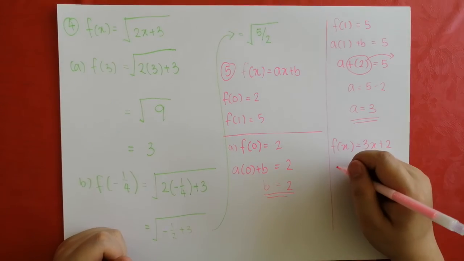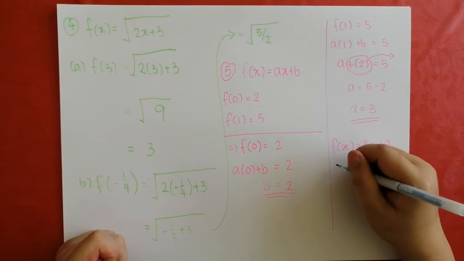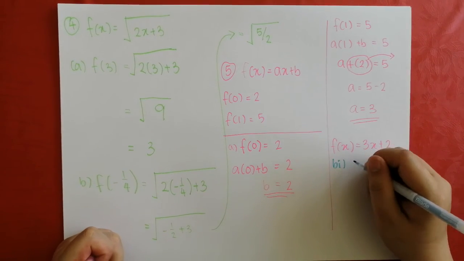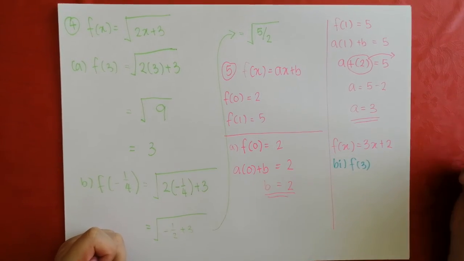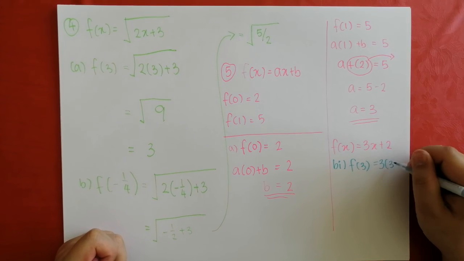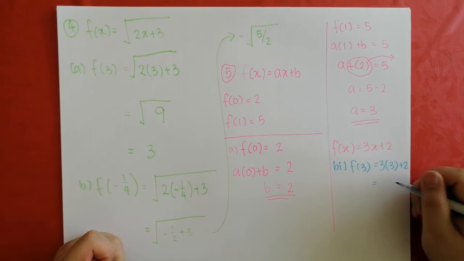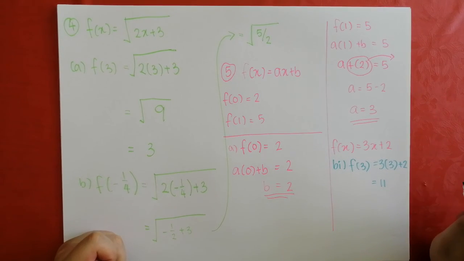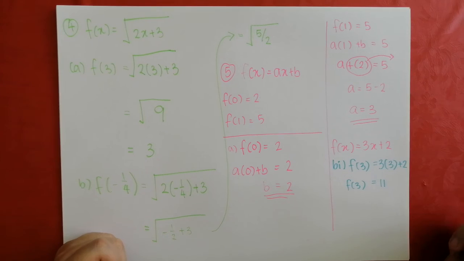Then part B part 1, where you are asked to find f(3). That means that your x becomes 3, so you have 3 times 3 plus 2. 3 times 3 is 9, 9 plus 2 is 11. So f(3) is equal to 11.